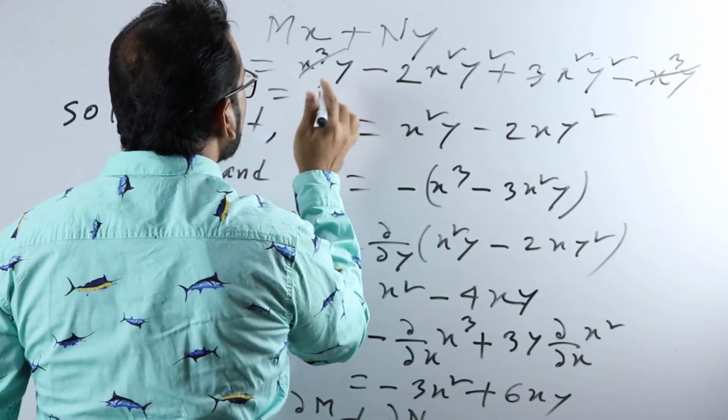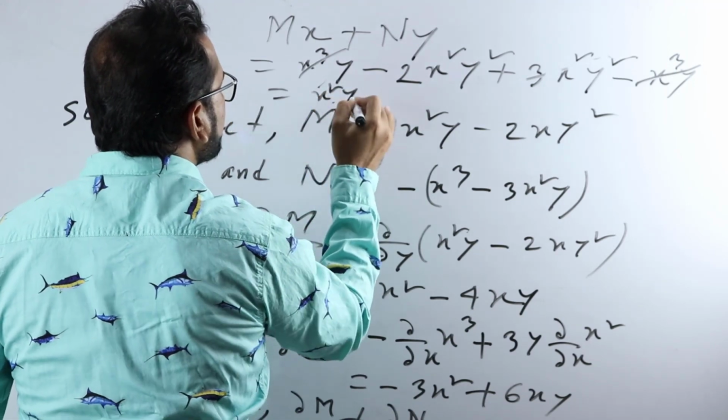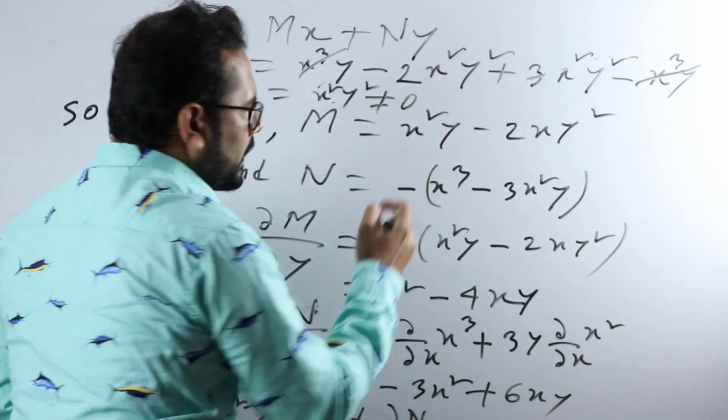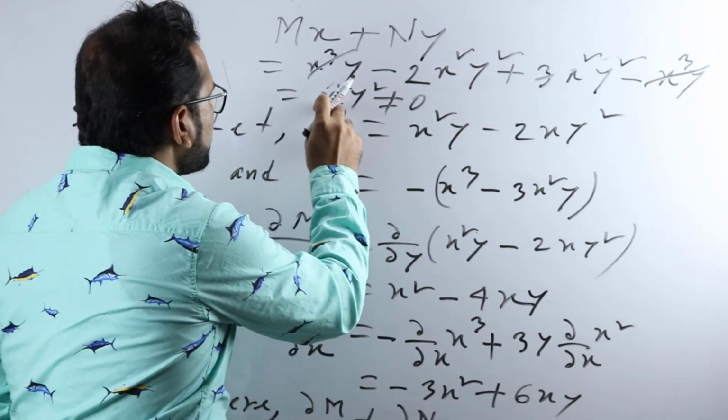It will be x square y square. So this is not equal to 0 actually. Is it 0? No. This is x square y square.